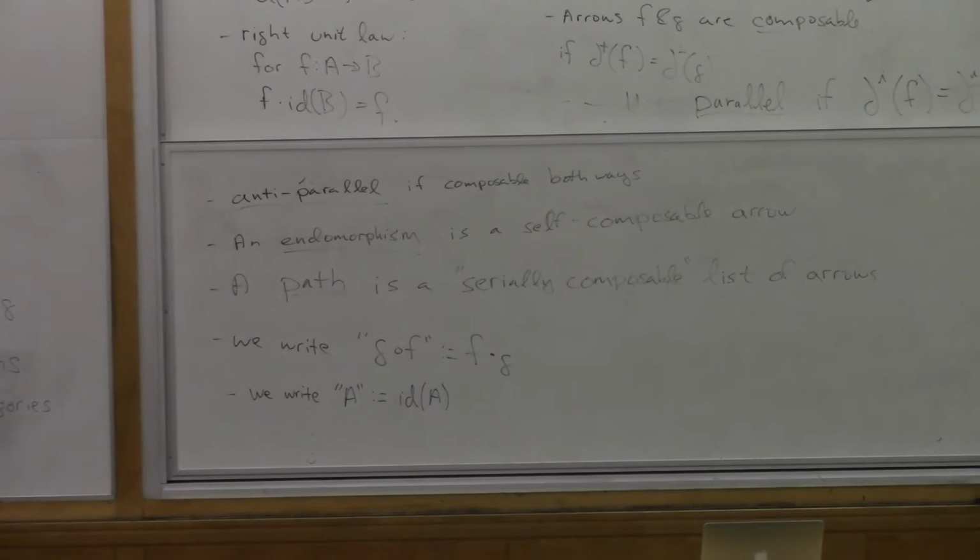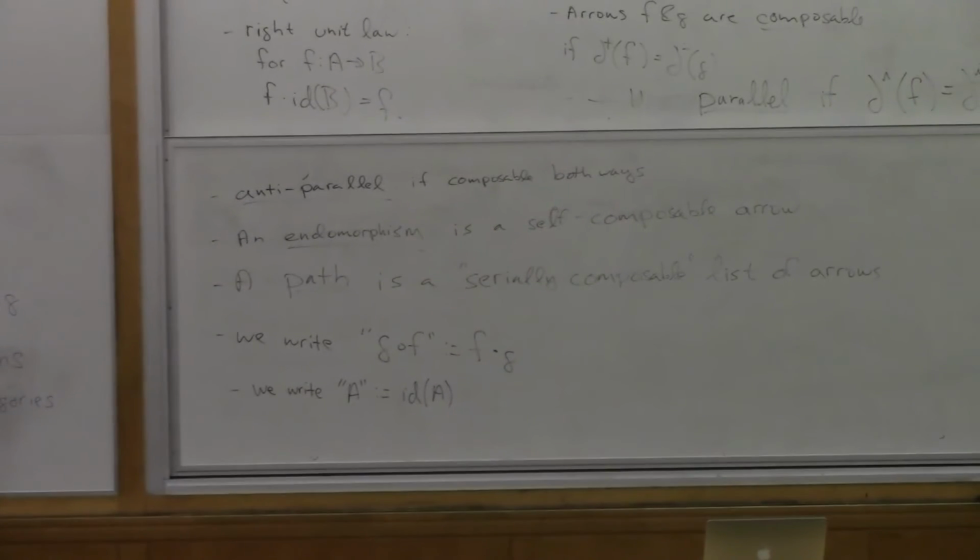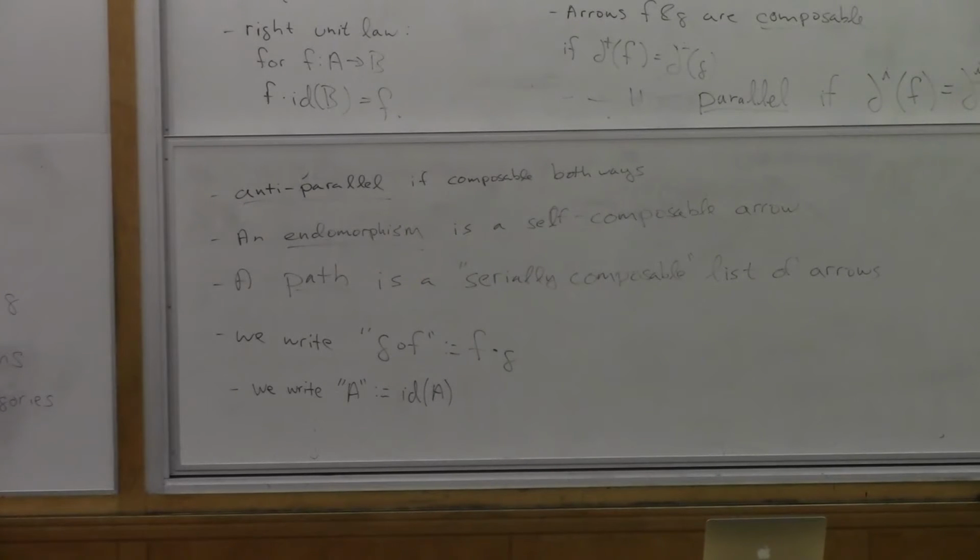So that's the idea. Every configuration has a unique composite. So if the path has length 0, if there's no arrows in the path, then that's what we've been calling an identity arrow on the object at which that 0 length path is based. If you want a path of length 1, that's one arrow. If you want to just compose one arrow with nothing, with itself, or however you want to think about it.